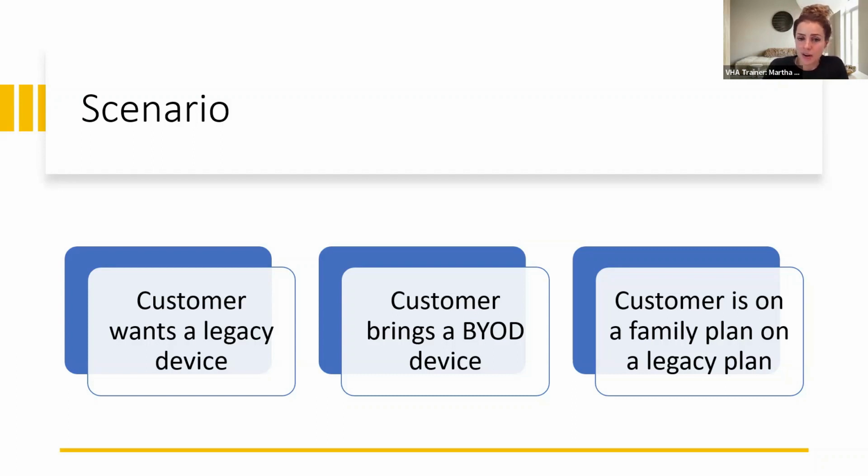In the third scenario, let's say a customer is on a family plan that's on a legacy plan. Now, if a customer is on a family plan that's one of the legacy plans, they've got a legacy phone, legacy SIM, and one of the family plan members wants to switch devices to an updated device that would be on the GSF system, then that becomes a conversation of, hey, you can't have one customer on a GSF system and GSF phone and the rest of the family on legacy.